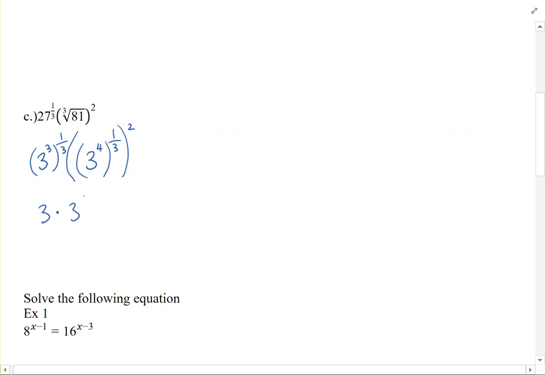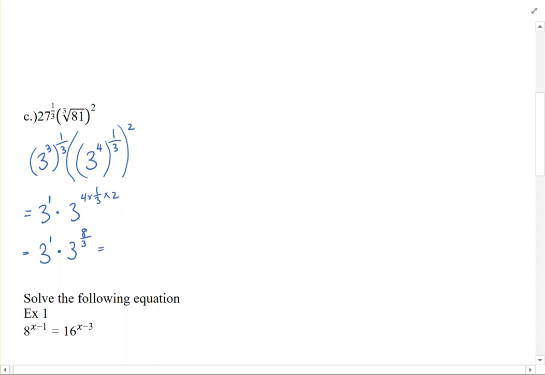And then we basically have 3 to the 4 times 1/2 times 2, which is 3 to the 8/3.